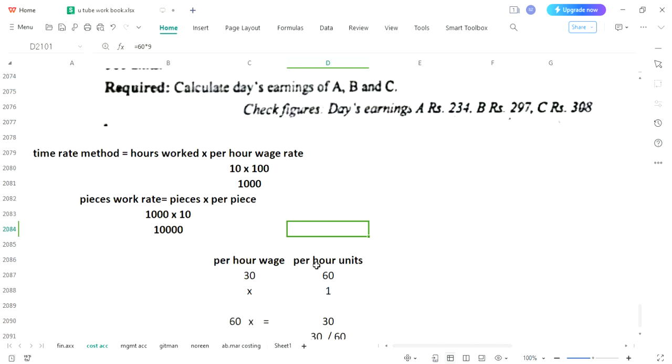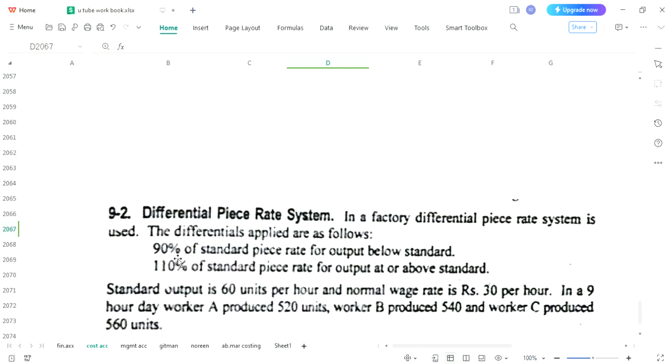Now go back to the question and you can see if some worker had not achieved the target, 10% would be deducted and only 90% of his wage would be paid. And if workers have achieved the target or they have produced units more than that of standard, then 10% extra amount would be paid to those workers, 110% in total.